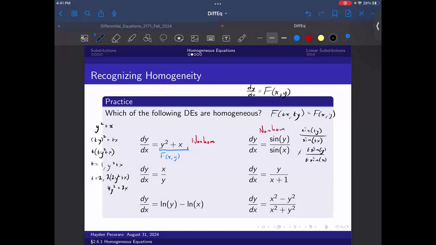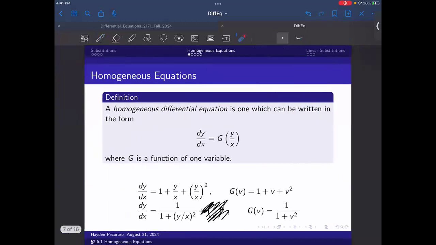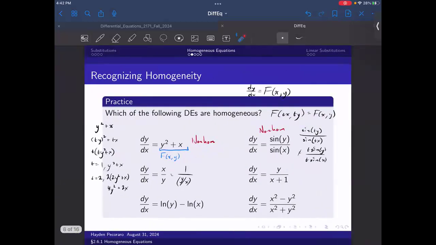So this one is even almost exactly written in the form we wanted it to be. 1 over y over x. And now if we go back to the actual definition of homogeneous differential equations, this is some function of y over x. Our function g is 1 over v.